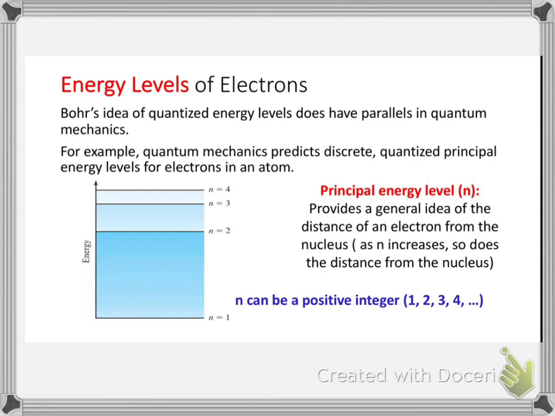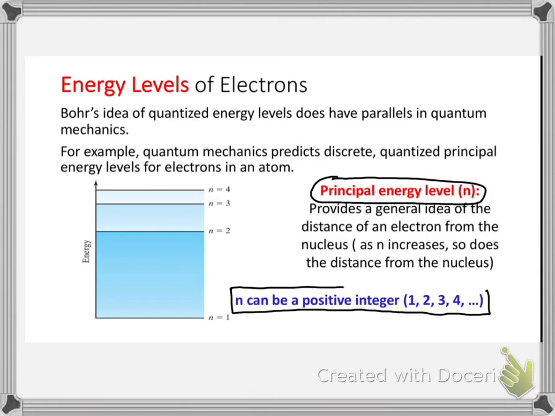The first thing is called the principal energy level. It's given an N, and N is always going to be a positive number, starting with 1. We often draw where electrons are going like this.